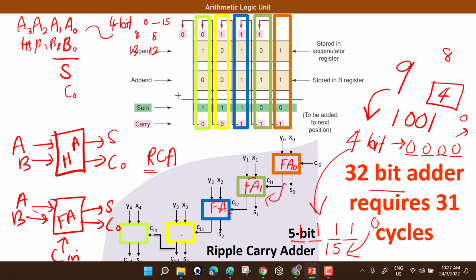Why is that so? Because each rectangle that I illustrated here represents 1 cycle. Look at this one. You have 5 bits, so it would require at least 1 cycle, 2 cycles, 3 cycles, 4 cycles, 5 cycles, and so on.